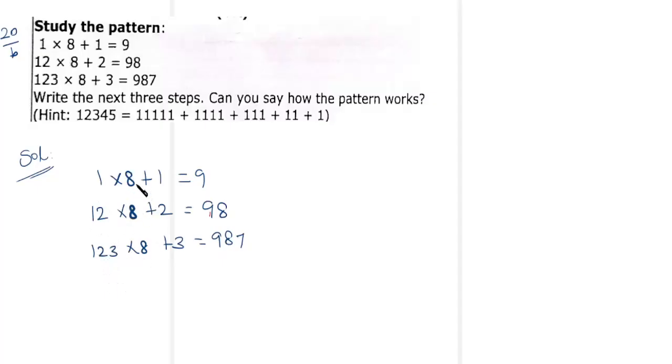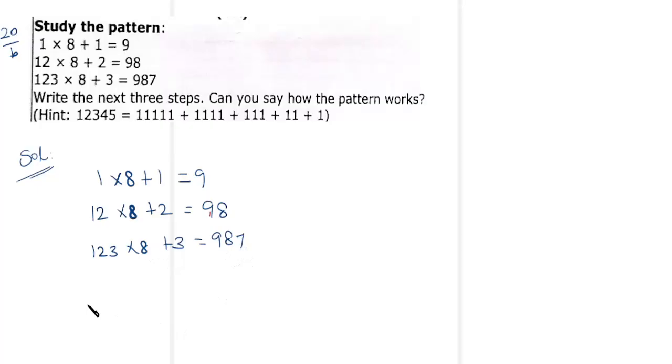The 8 is not going to change at any step, but the numbers are being padded. So for 1 2 into 8 plus 2 the result is 98, and in the third line, 1 2 3 into 8 plus 3 equals 987.